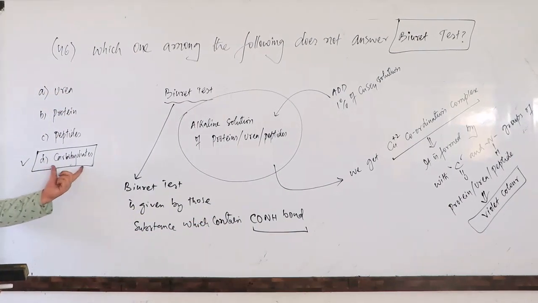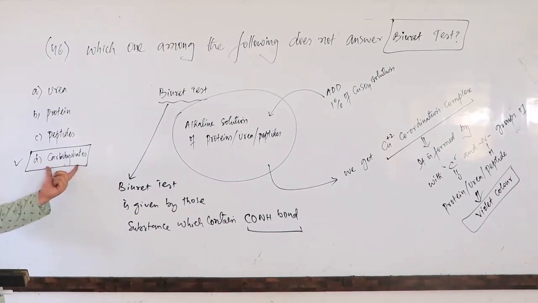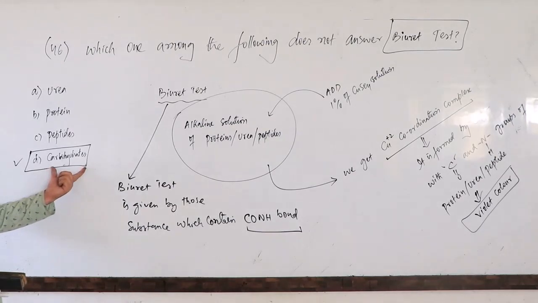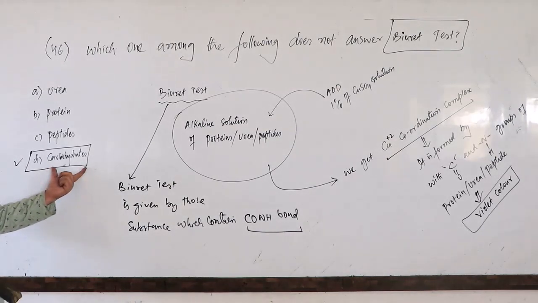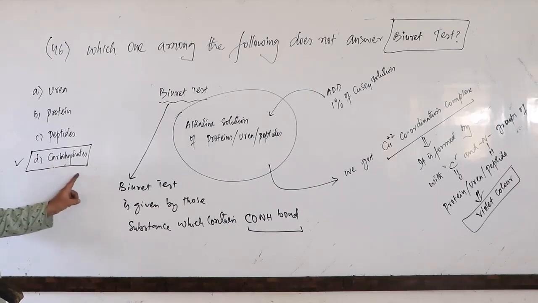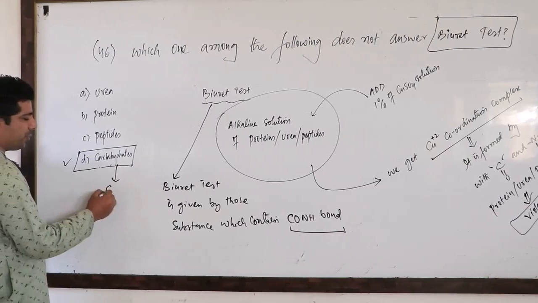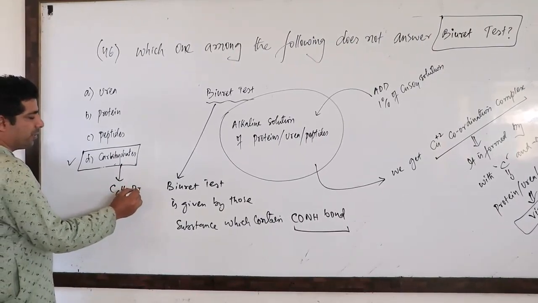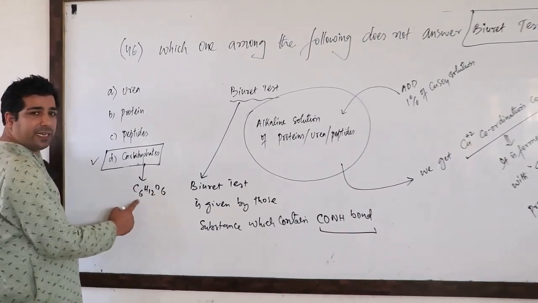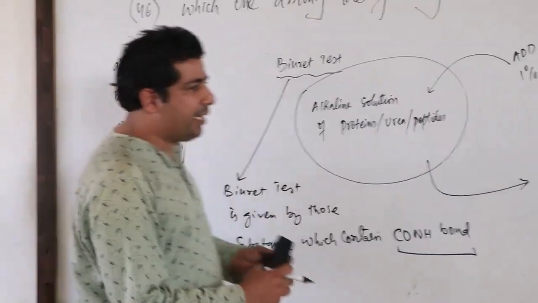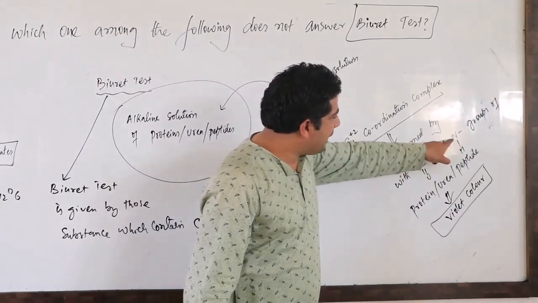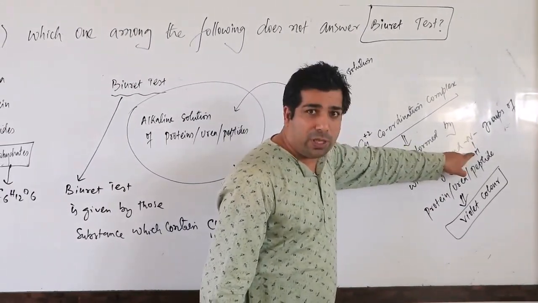But carbohydrates, if you talk about, they contain carbon, hydrogen and oxygen. So they don't have nitrogen in their structure. You can take an example of carbohydrate here. Let us suppose sugar, glucose. Does it contain any nitrogen? What I need is CO and NH, so NH group should also be there.